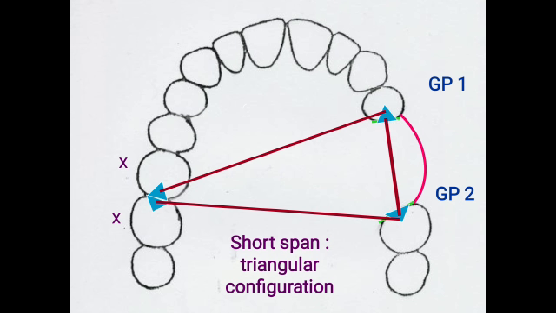So last class I was talking about quadrilateral configuration, tripod configuration, and bilateral configuration of direct retainers. So here you can see that tripod configuration.